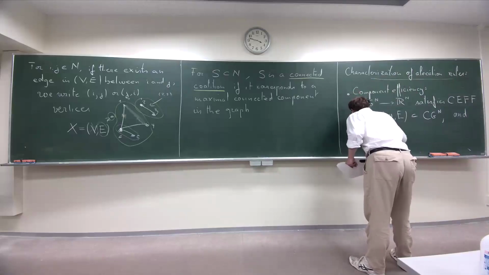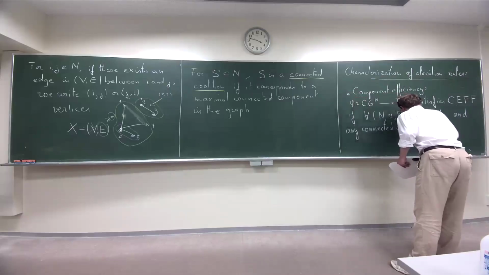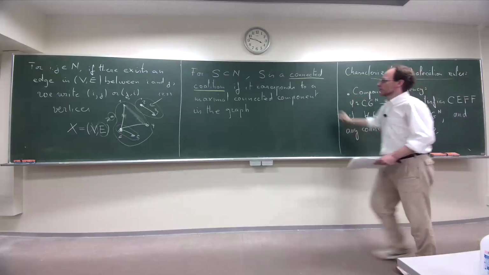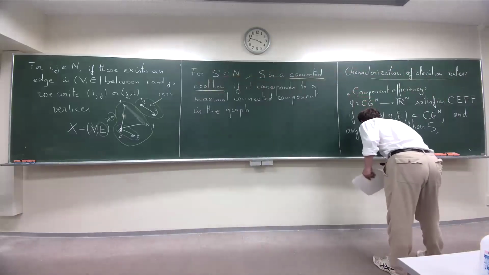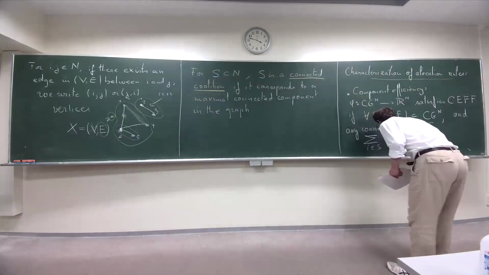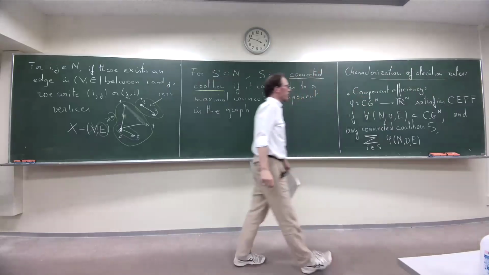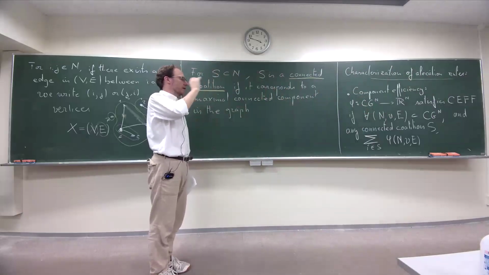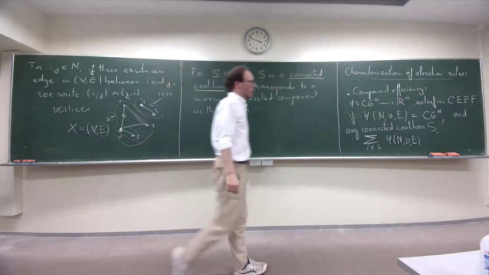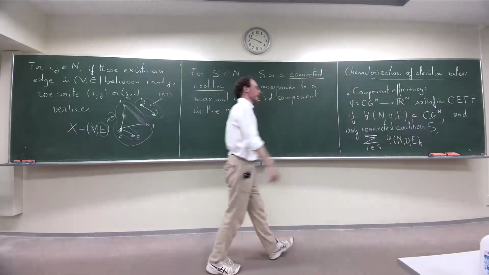and any connected coalition S, and the connected coalition is defined here, we have the sum over i in S of phi_i(N, v, E). Remember, phi of (N, v, E) is a point in Rn, which tells you what each player is going to receive. So if I look at the entry i of this vector, it gives me what player i will receive.